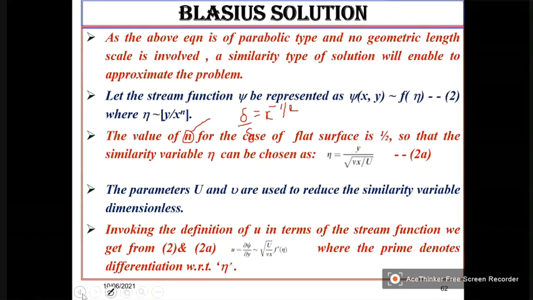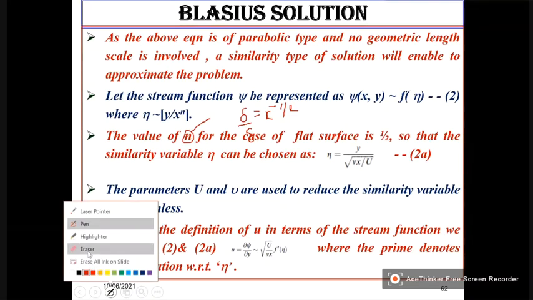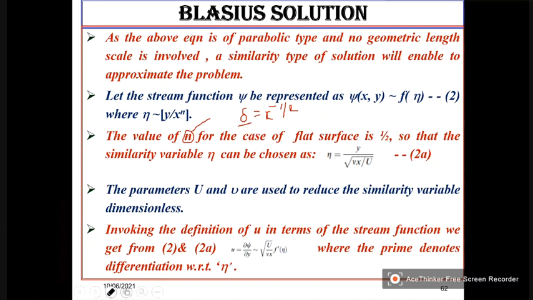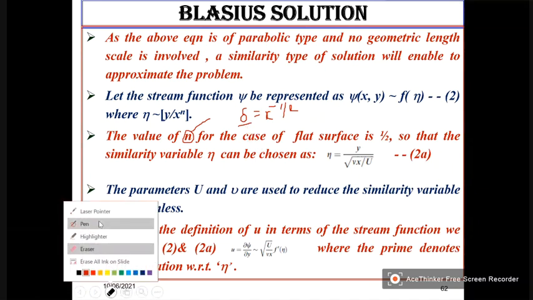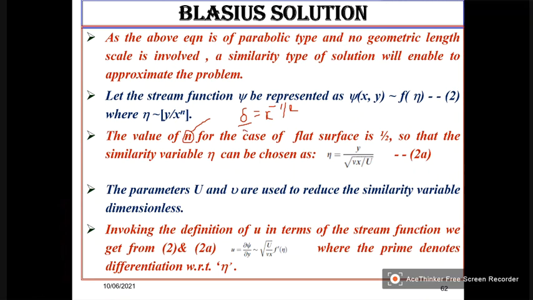Sorry. What is delta by x for laminar boundary layer? We have seen delta by x is equal to 5 approximately, not 4.99, Rx to the power of half.